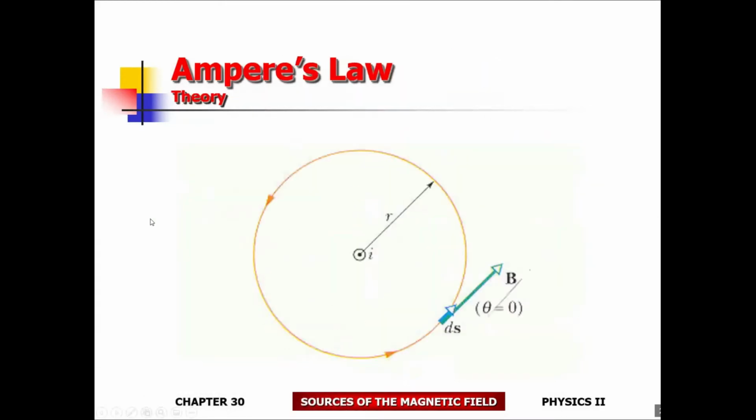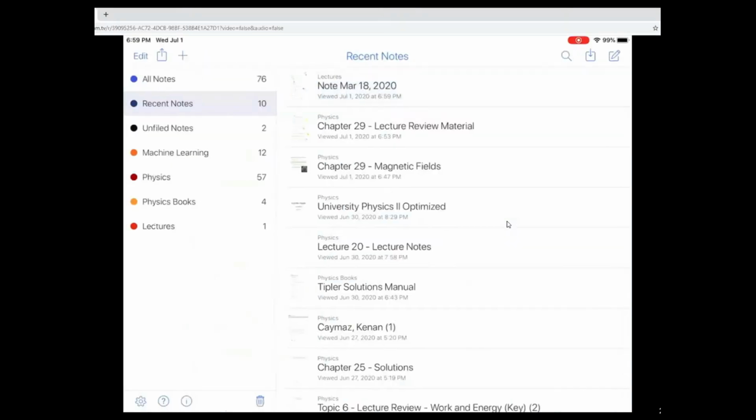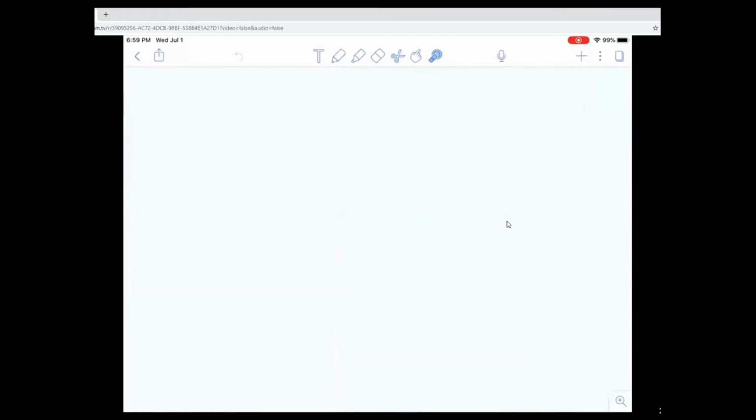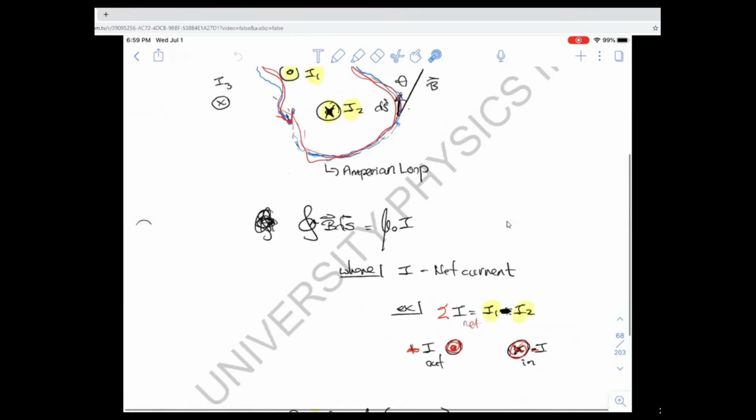Speaking of Ampere's law, kind of like yesterday's setup, this is the major formula right here.